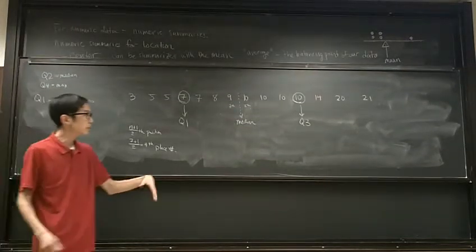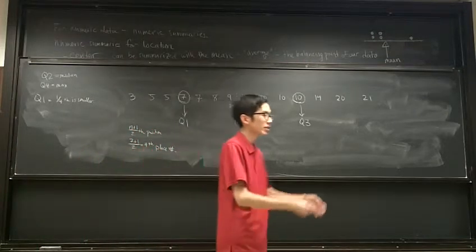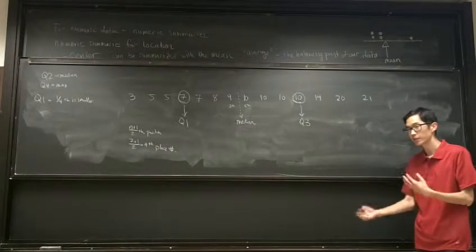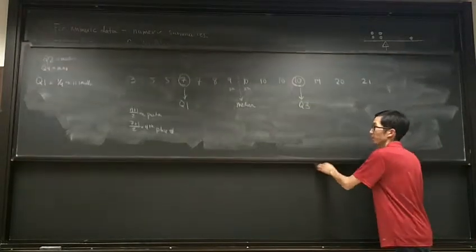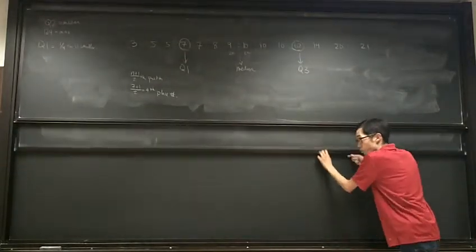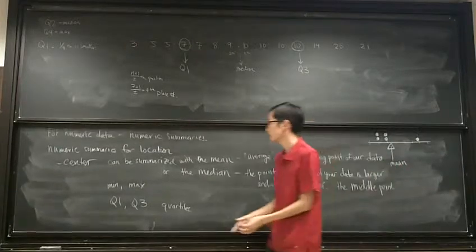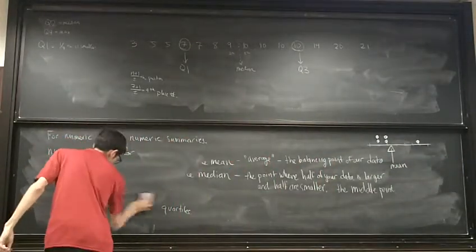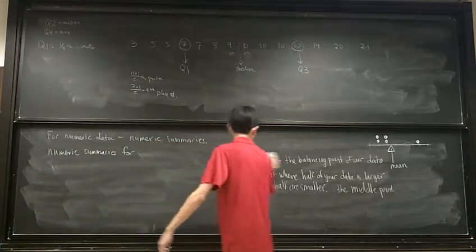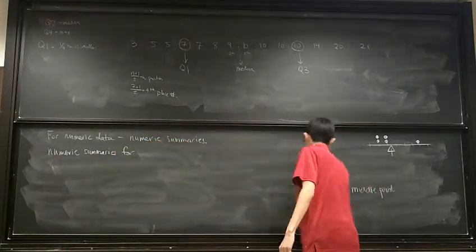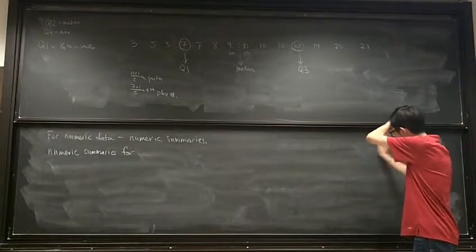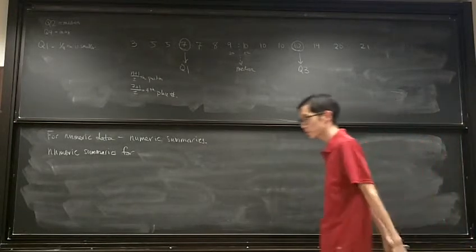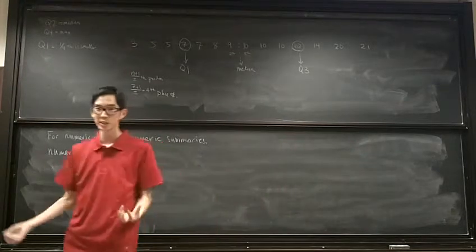Okay, now we can talk about numeric summaries that describe the amount of variation or spread that exists in our numbers. So again, just so we don't get lost in all of the stuff that we're doing, this is all just so we can describe data, okay?